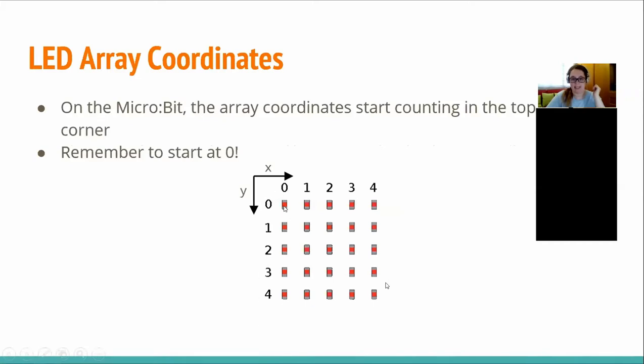We always start at 0 with everything in programming. If you've ever used coding before, you would know that we always start at 0, especially in Python. And with microbits, we always start in the top left-hand corner. So we have 0, 0, then 1, 1 would be here. So we have 1 across and 1 down, and so on and so forth.